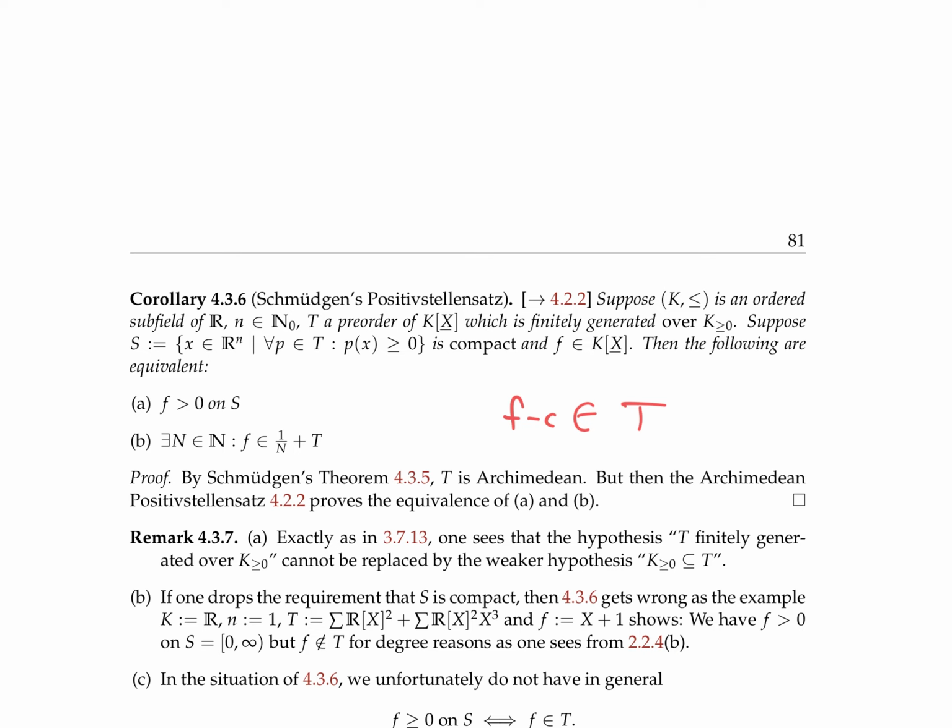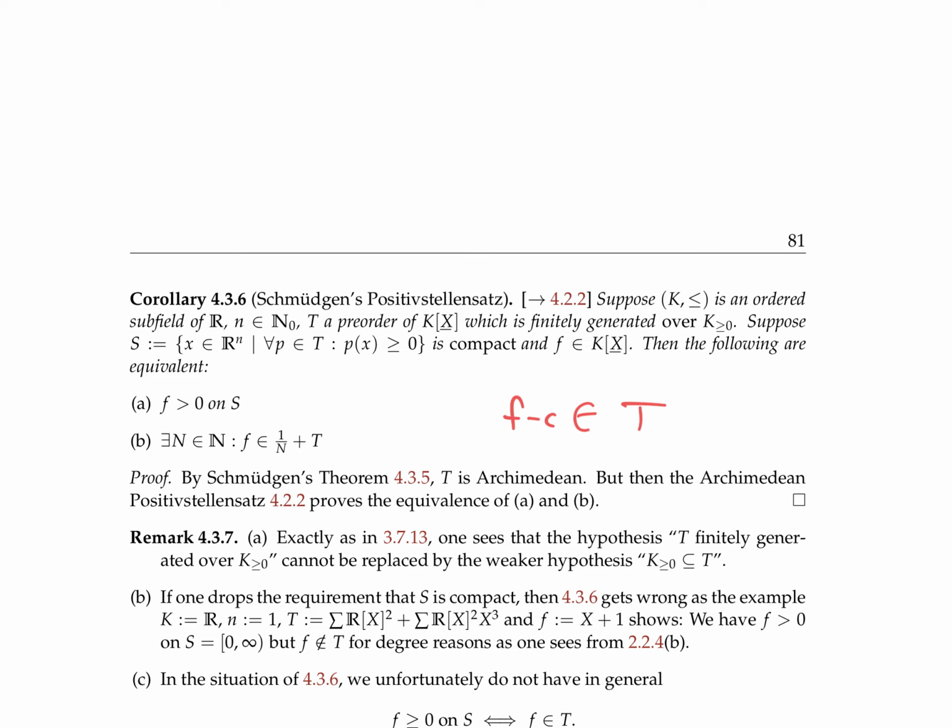Okay, so finitely generated preorders. You know how the preorder generated by some polynomial looks like, right?